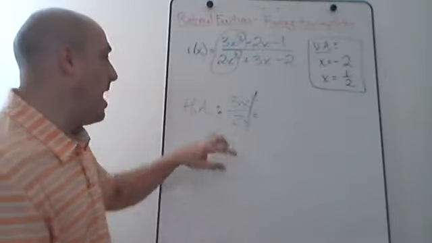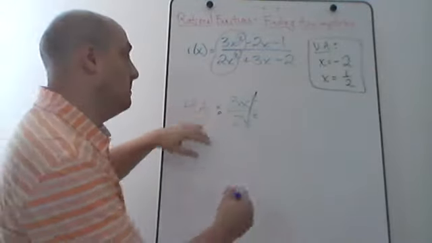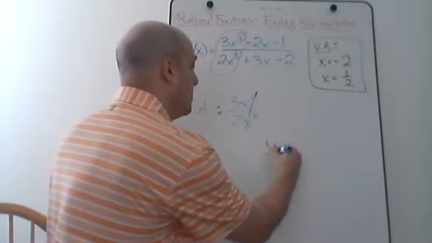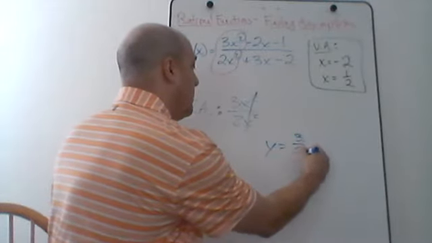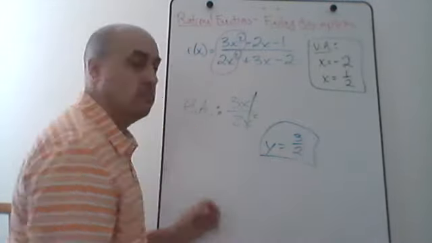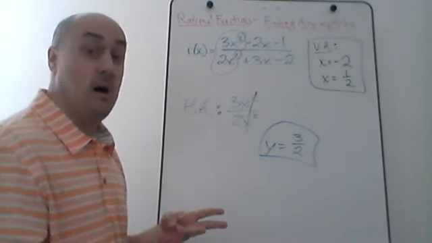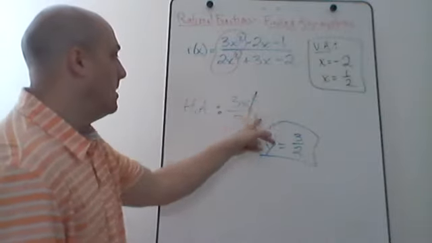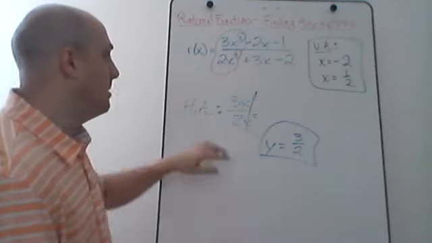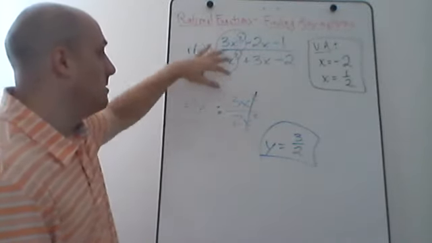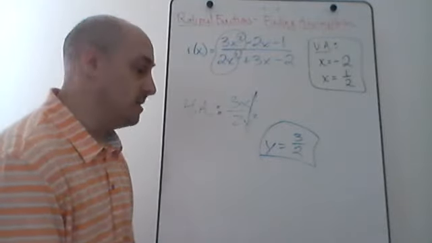So what determines what happens here is then the 3 and the 2. So my horizontal asymptote is going to be y equals 3/2. And that's it. Finding the horizontal asymptote, if you know those three basic rules, is not hard to do. So the exponents match, my leading term, y equals 3 over 2. I just take those leading coefficients. That's where I get my horizontal asymptote.